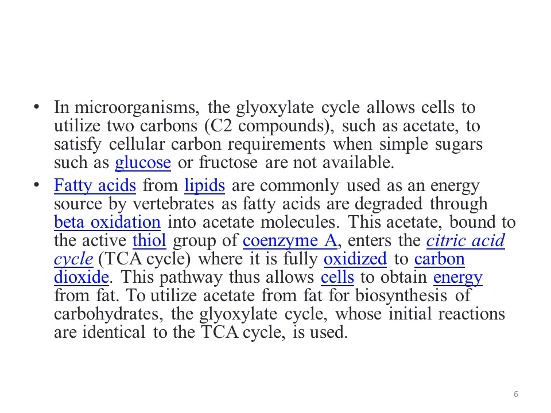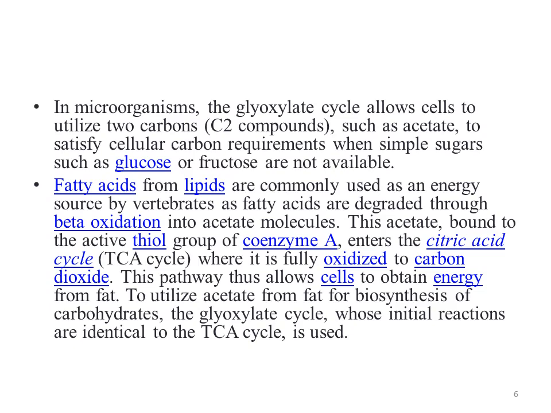Fatty acids from lipids are commonly used as an energy source by vertebrates, as fatty acids are degraded through beta oxidation into acetate molecules. This acetate, bound to the active thiol group of coenzyme A, enters the citric acid cycle or TCA cycle, where it is fully oxidized to carbon dioxide.